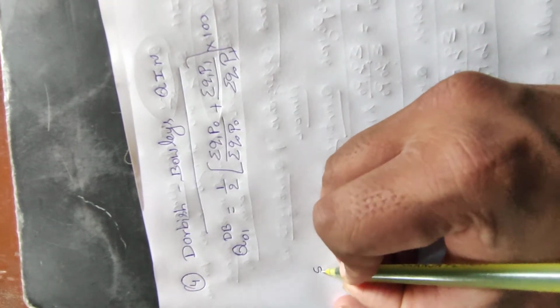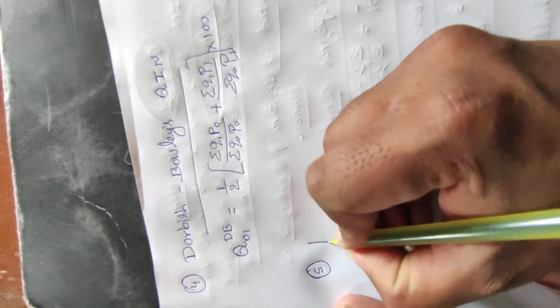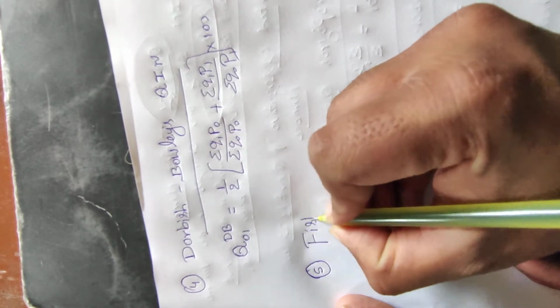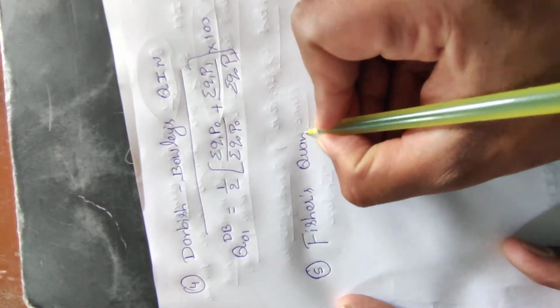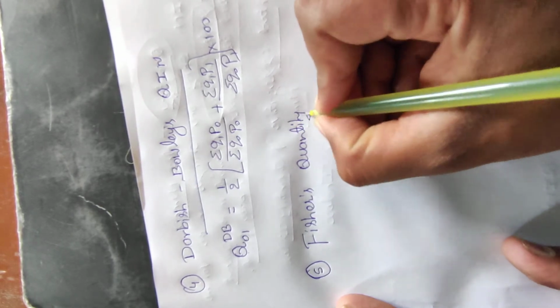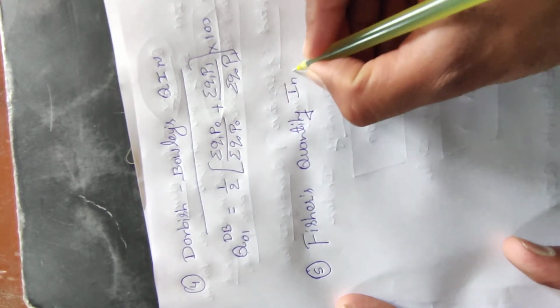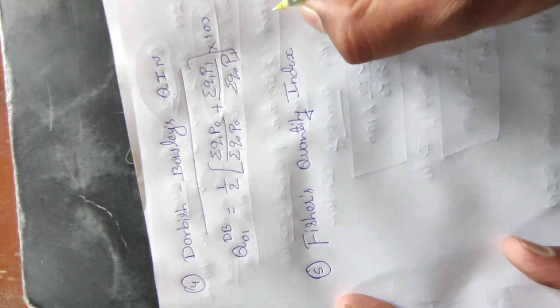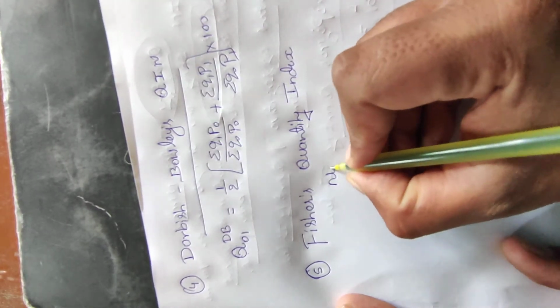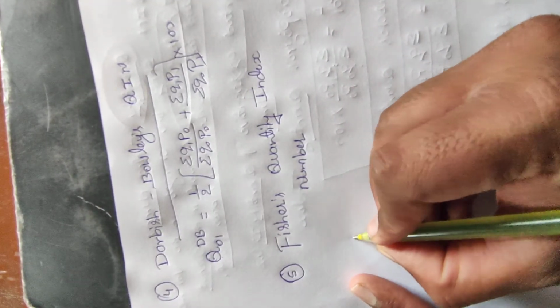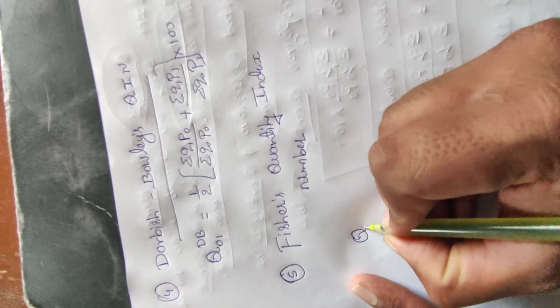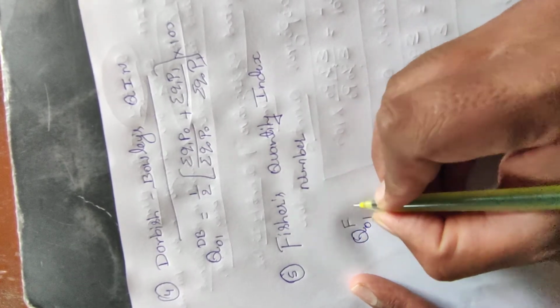The last concept is Fisher's quantity index number. We can denote Fisher's quantity index as Q01F.